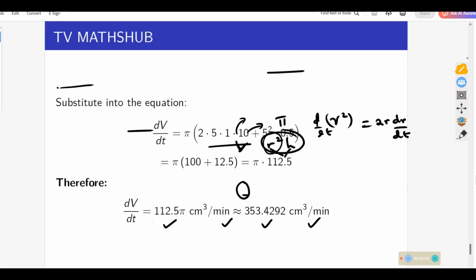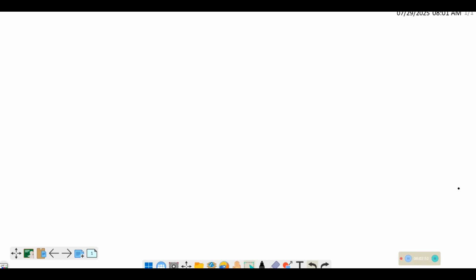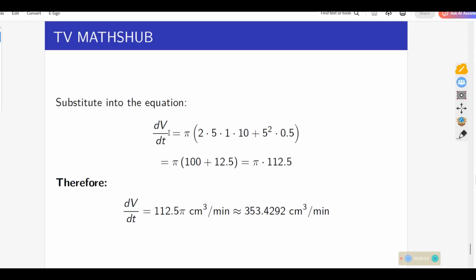So we shall remain with dV/dt equal to pi into 2 times 5 times 1, then times 10, plus 5 squared times 0.5. And when we compute, we shall remain with pi times 112.5.